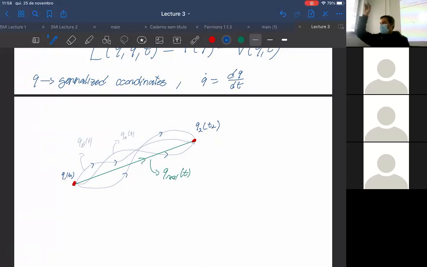If it followed a completely unnatural path going up and down, it would at times need a lot of kinetic energy to compensate. If it suddenly went steeply up, it would require a lot of kinetic energy at that precise instant. So this difference would not be minimized, and we know by intuition that that is not what happens.